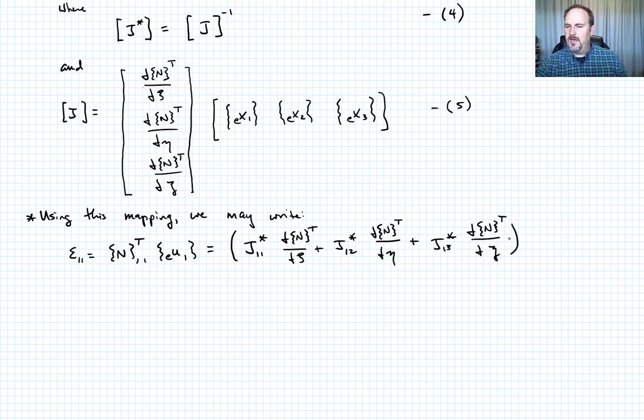So that's just plugging it in, times this u1 of the element. Okay? So that's one example.